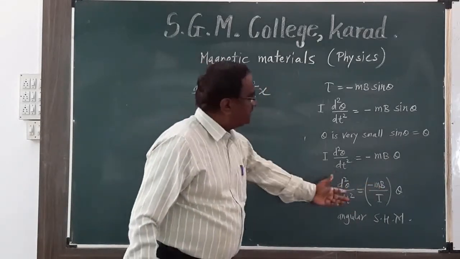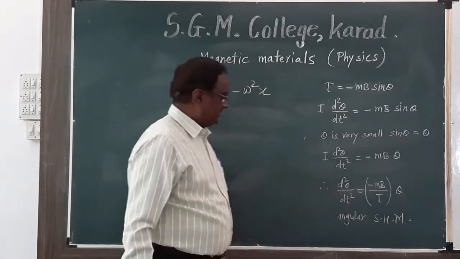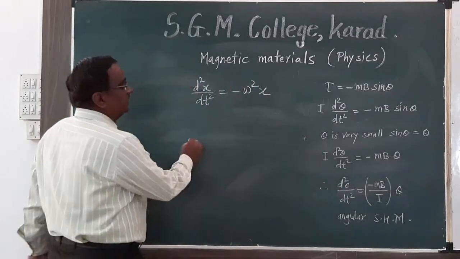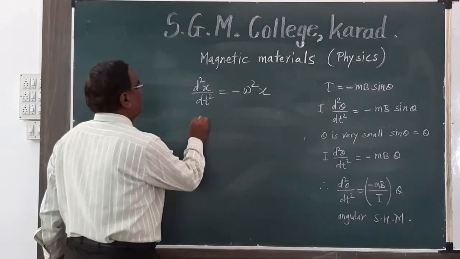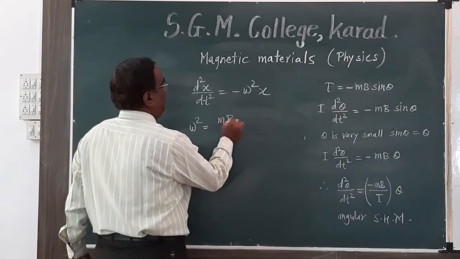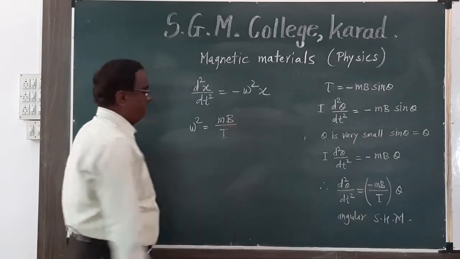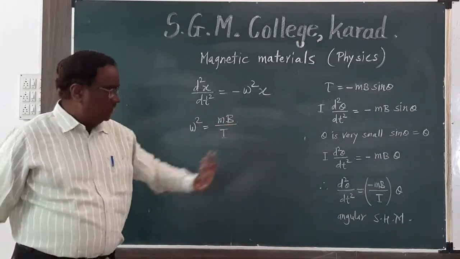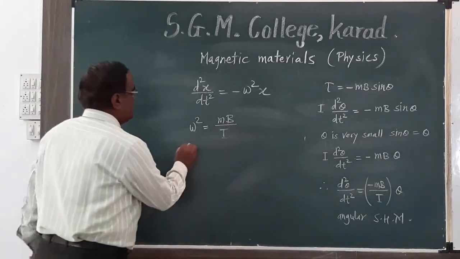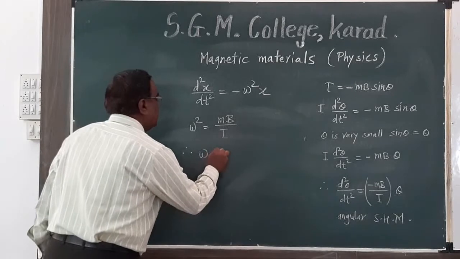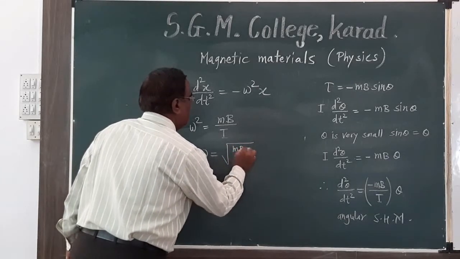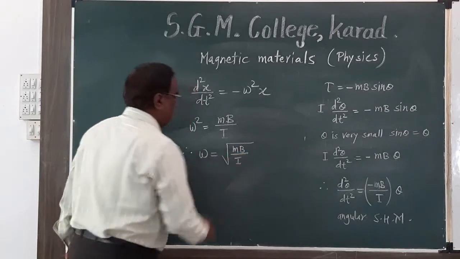If we compare these two equations, we get omega square is equal to MB upon I, which means omega is equal to under root MB upon I.